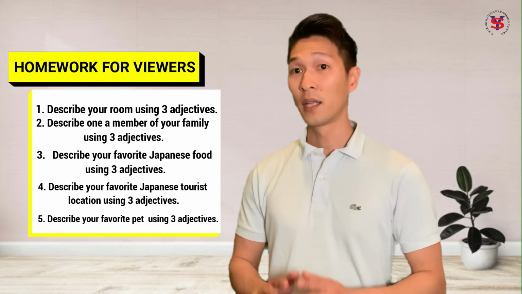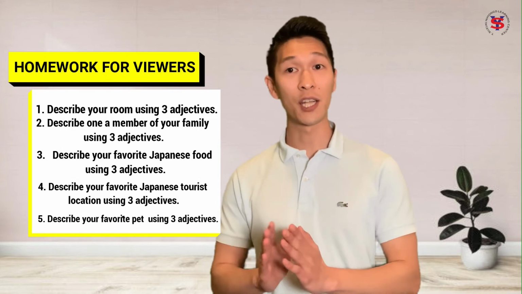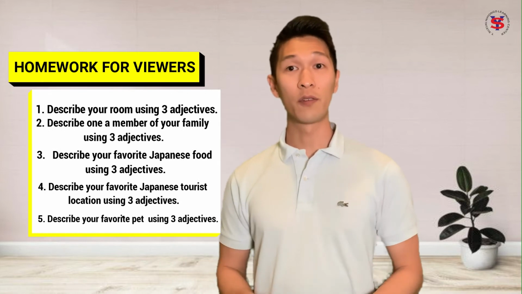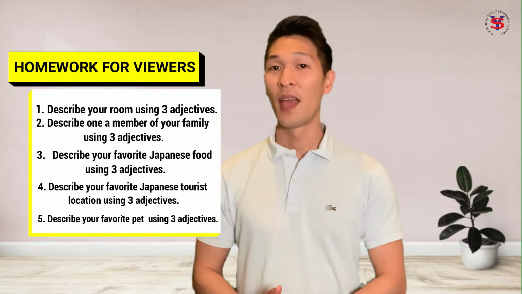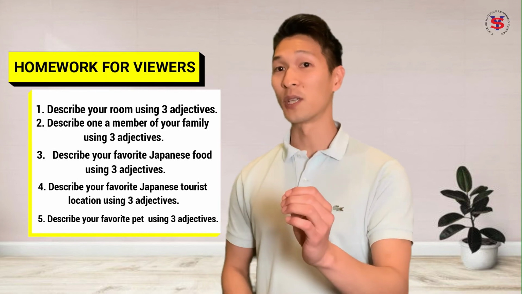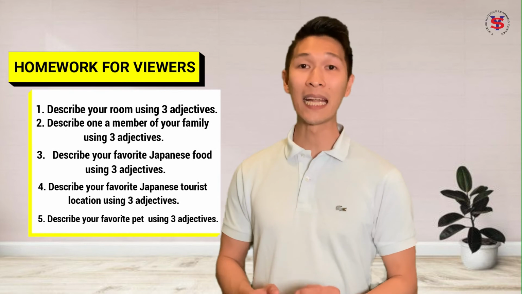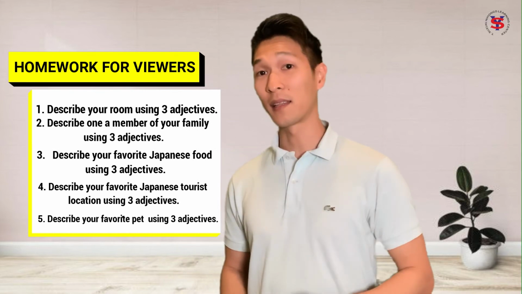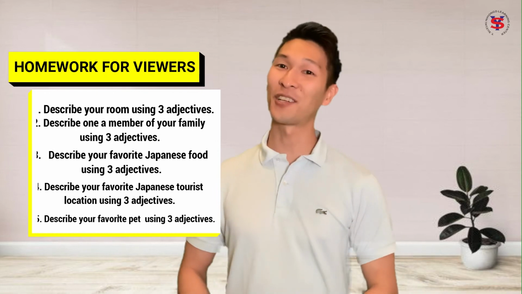Number 2, describe one member of your family using 3 adjectives. Number 3, describe your favorite Japanese food using 3 adjectives. Number 4, describe your favorite Japanese tourist location using 3 adjectives. And number 5, describe your favorite pet using 3 adjectives.